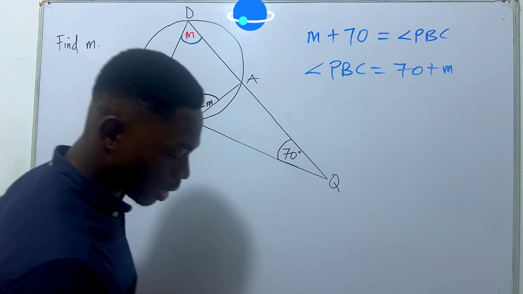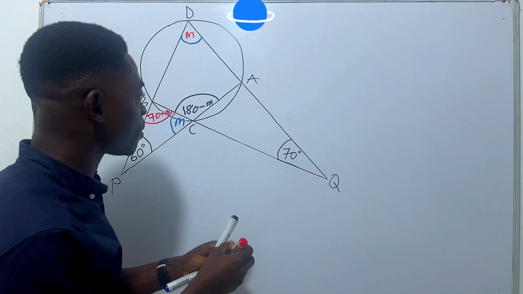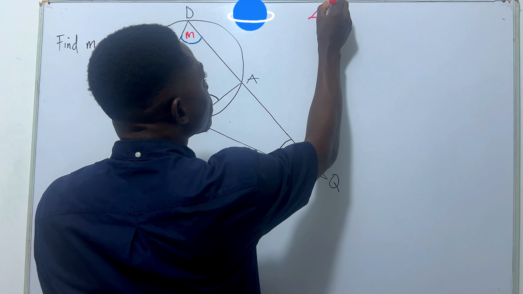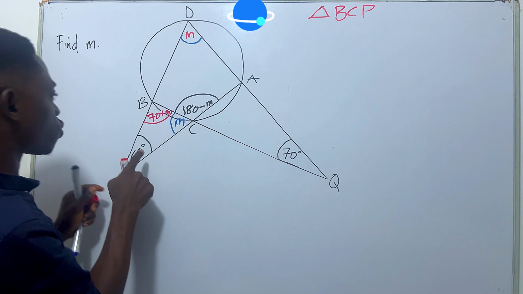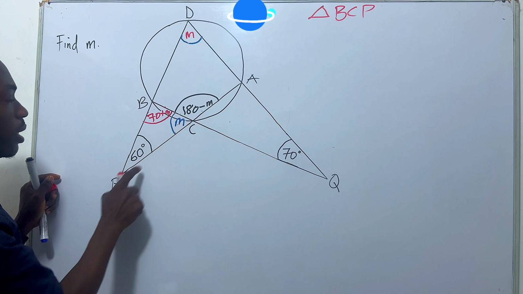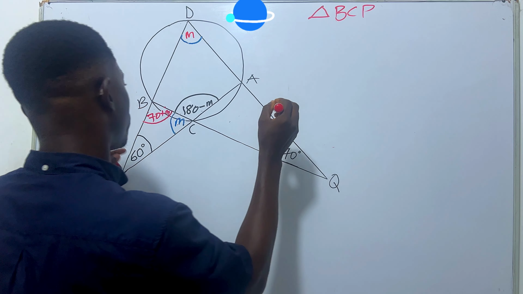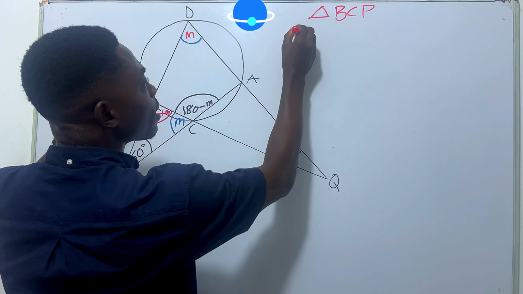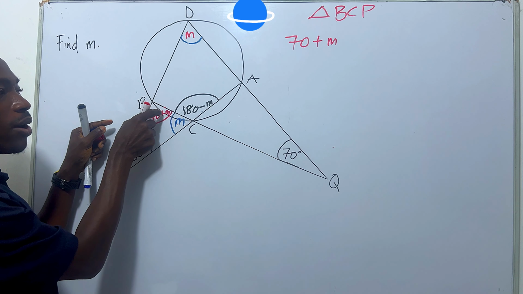So let's do that. Now before then, let me get rid of this quickly, then we do that. So we are considering triangle BCP. This triangle BCP. And we know that the sum of the interior angles is 180, just as we have already talked about. So it's going to be 70 plus m, which is this angle right here.